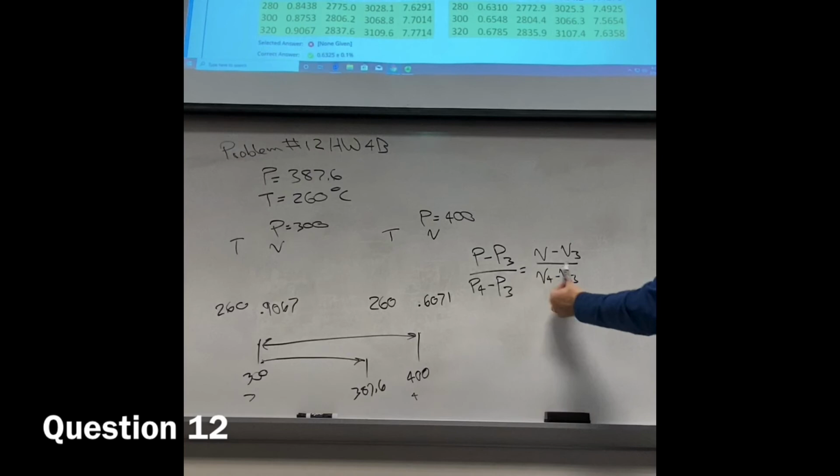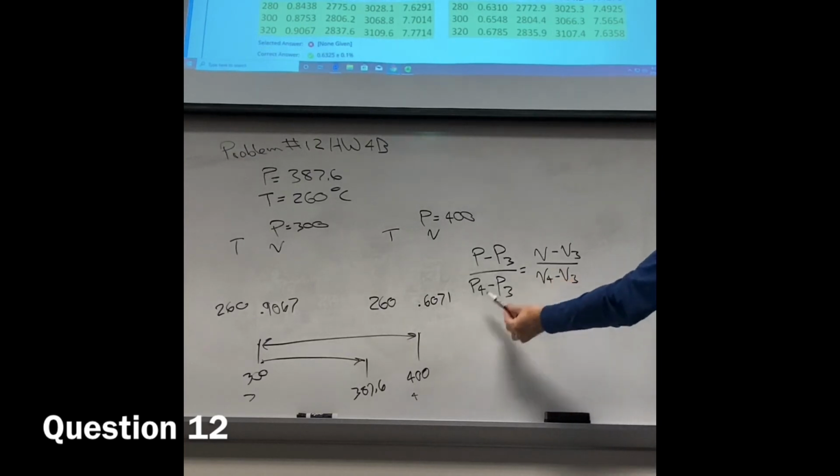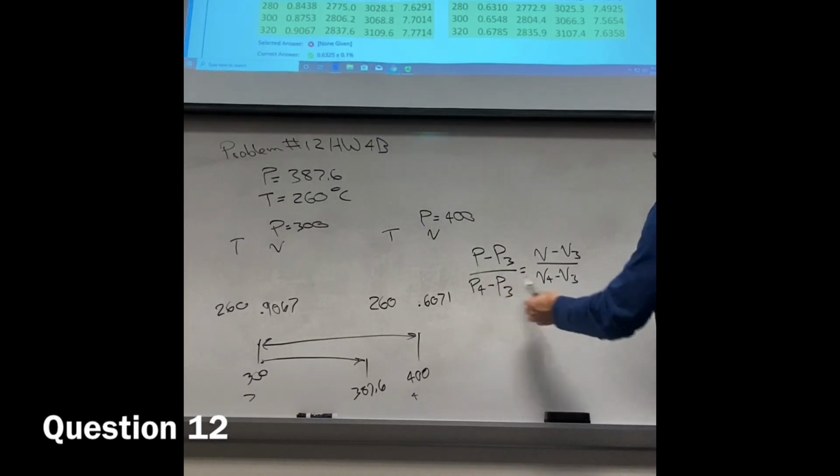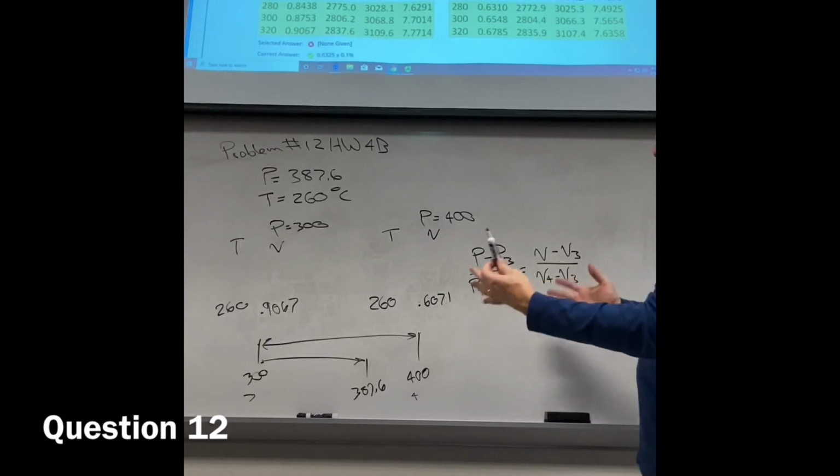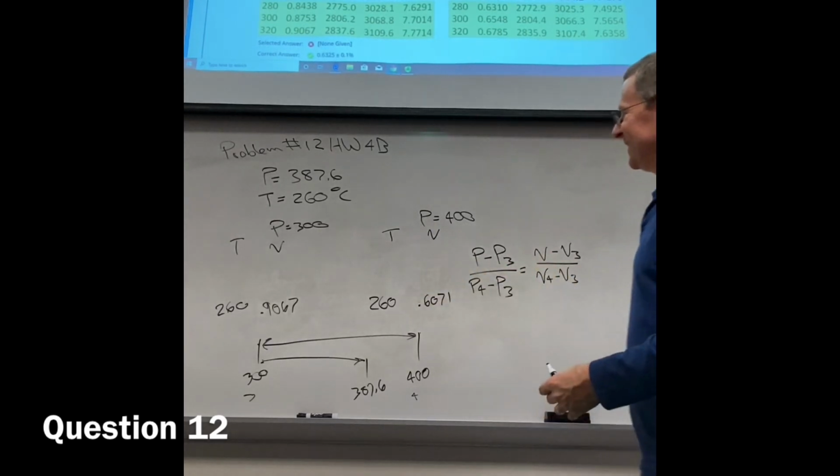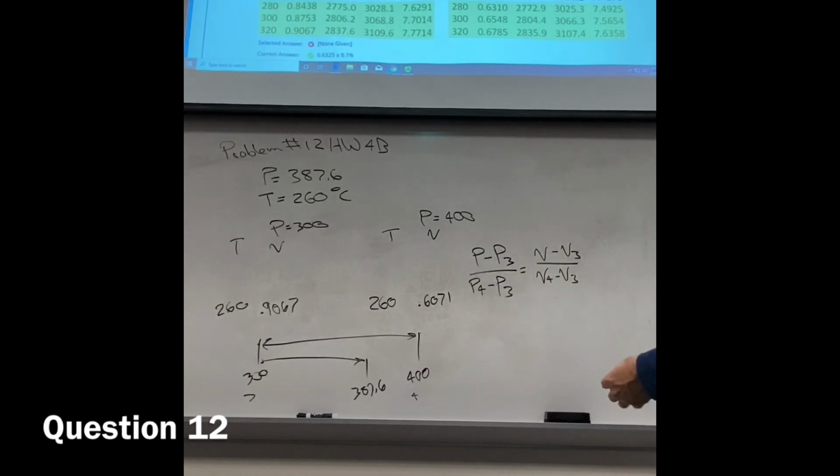Just make sure that whatever you're using to describe it, upper and lower, or 4 and 3, or left and right, to help you remember which values you're using from the table, those subscripts describe the same thing.